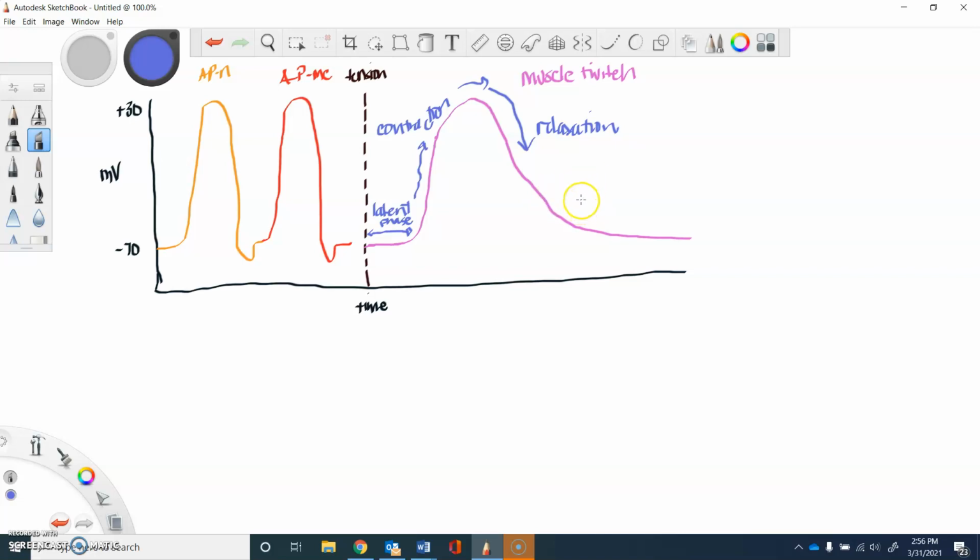Okay, so how do we get this muscle twitch into a strong, smooth muscle contraction? Because one muscle twitch from one motor unit probably isn't going to get you to threshold, probably isn't going to get any movement. So what can we do to get a strong, sustained muscle contraction?